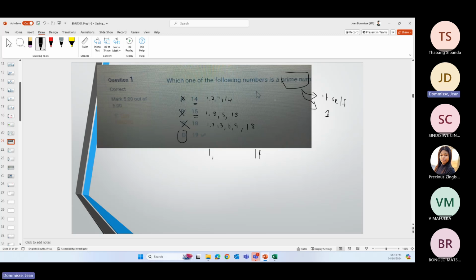What is also important around prime numbers, don't go and try and study a list of prime numbers, because remember, this is going to be multiple choice.